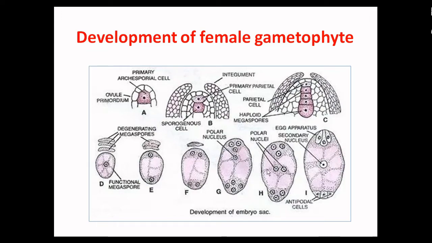Out of the 4 nuclei towards the chalazal end, 3 group together to form the antipodals, and one is set free in the center, and out of 4 nuclei towards the micropylar end, 3 form the egg apparatus, which consists of 1 egg cell and 2 synergid cells, and 1 nucleus is set free in the center. In the center, a binucleated polar cell is produced. So this is how the embryo sac is developed.